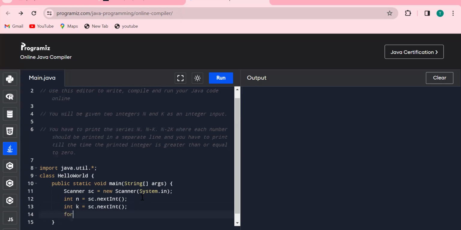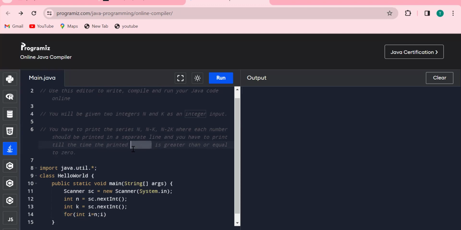So I'm taking a for loop with i equal to n. It should start from n, right? So I'm starting from n. And see this statement, the for loop should iterate until the integer is greater than or equal to 0.